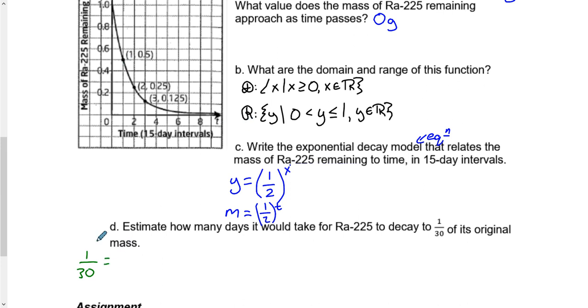If you type 1/30th into your calculator, which is just simply 1 divided by 30, you get 0.03 repeated. Well, that's not on here. It's definitely smaller than 0.125. So we need to keep on going.